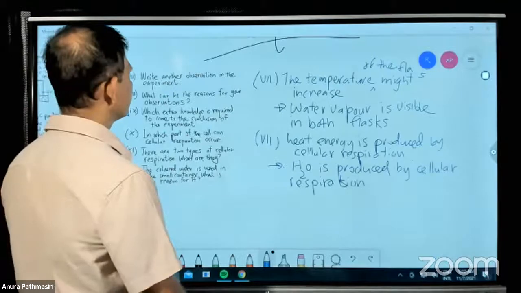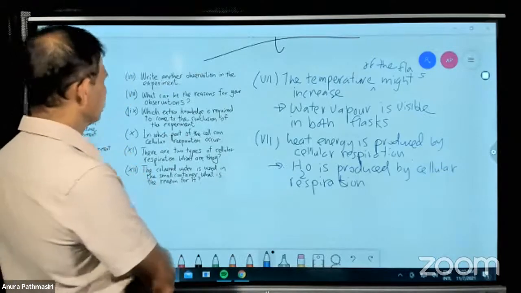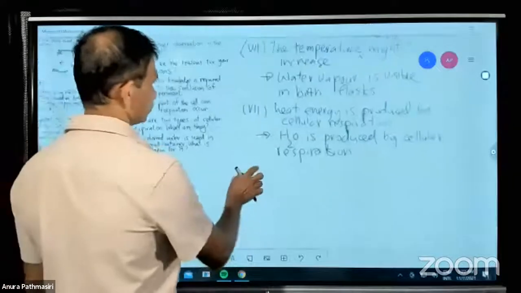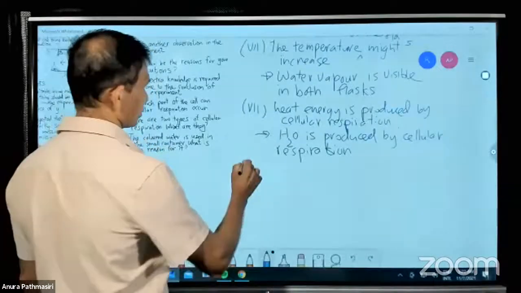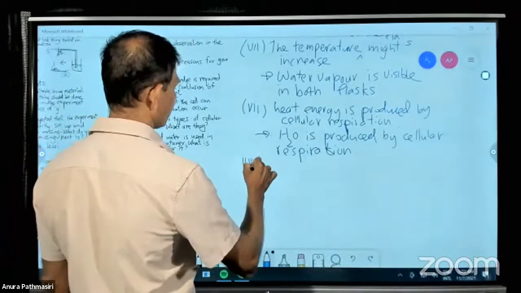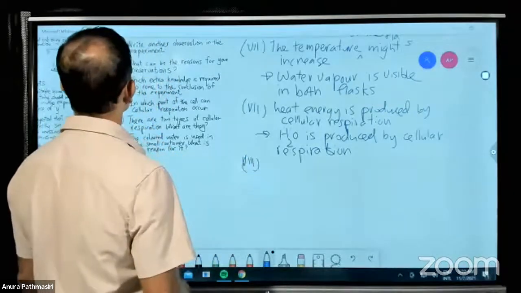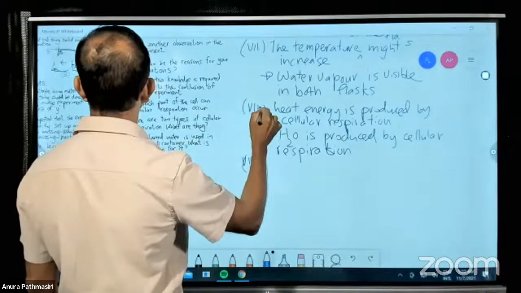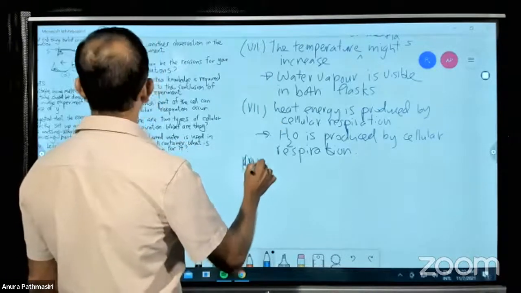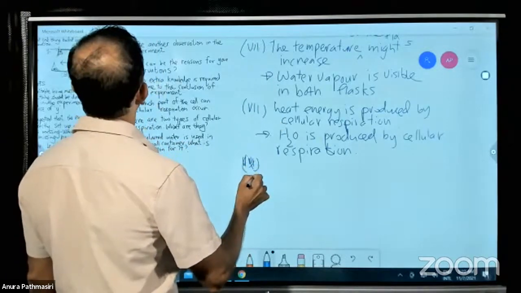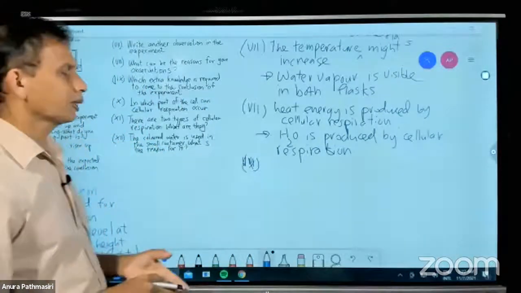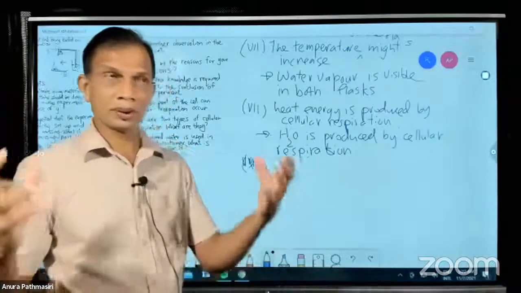Which extra knowledge is required to come to the conclusion of the experiment? These are for your reference, I'm giving. This is 8 and 9. You have to have some extra knowledge.